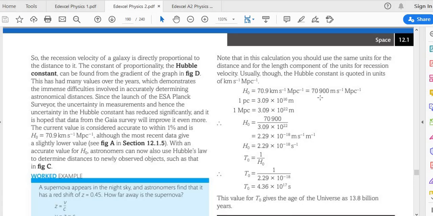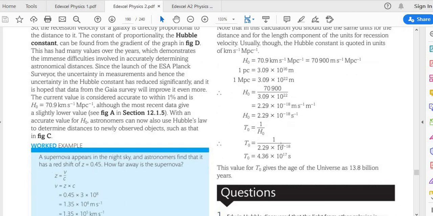So that's why we are dividing this, which is in meters per second, by this, which we converted to SI units, meters. Then we will get this, and you can cancel out these units and you will get per second. So we know the H naught in SI units, which is this value. So the Hubble constant is equal to this in SI units.